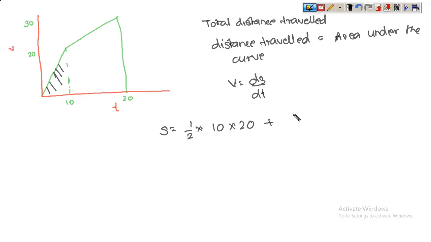So this is again half into the sum of two sides, 20 plus 30, into the base of 10. The sum of two areas gives you the total distance traveled. So S is 100 plus 250, which comes out to be 350 meters.